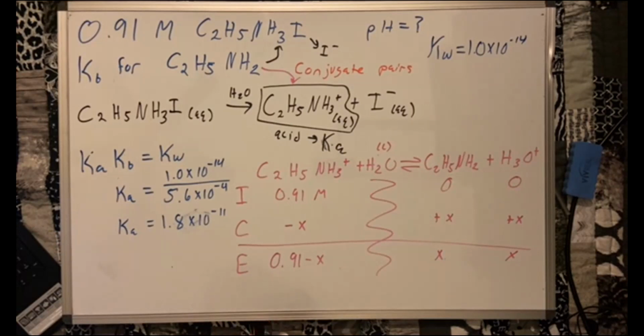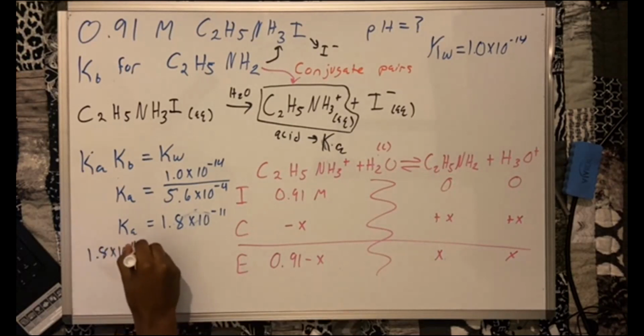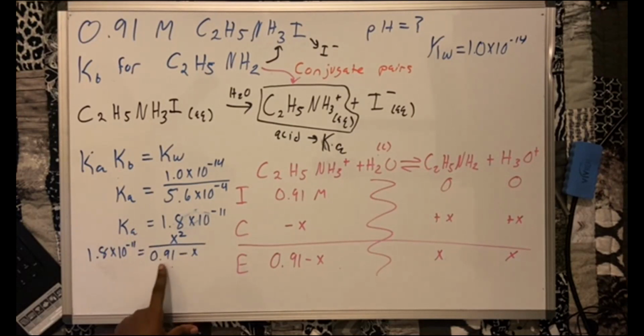So now I have my K: 1.8 times 10 to the negative 11 equals x squared over 0.91 minus x. Right, everyone? It's getting kind of cluttered. Good, makes sense. No questions. Why do you use the Ka instead of the Kb?